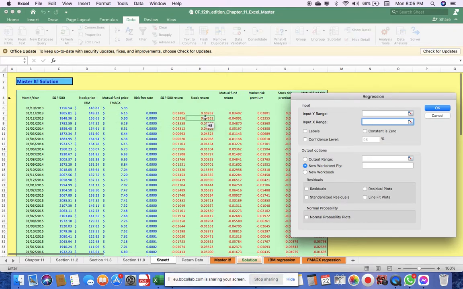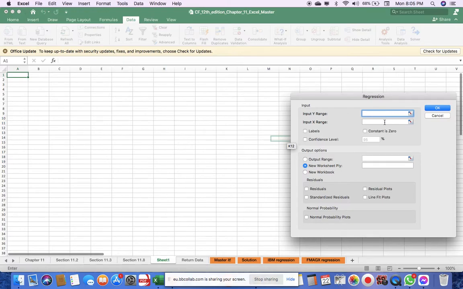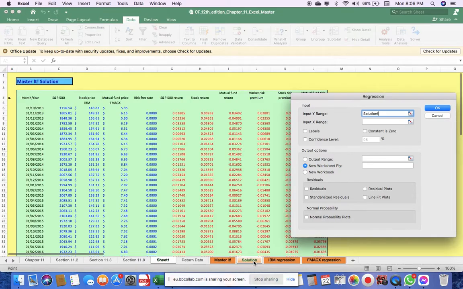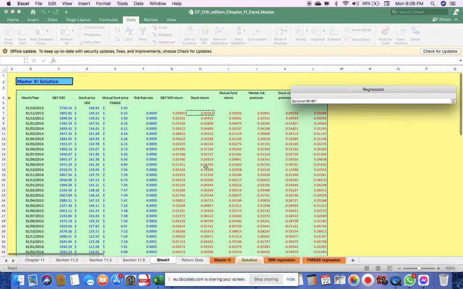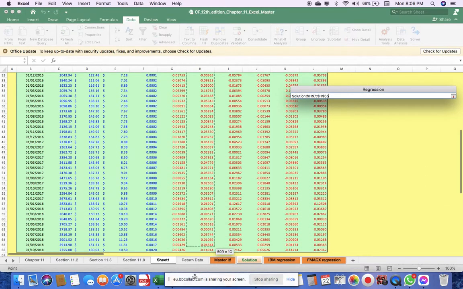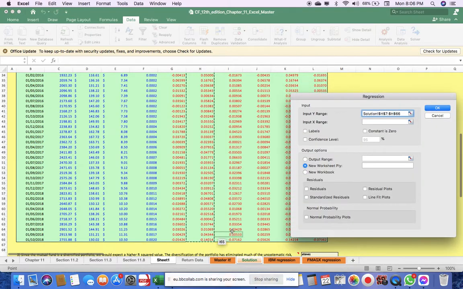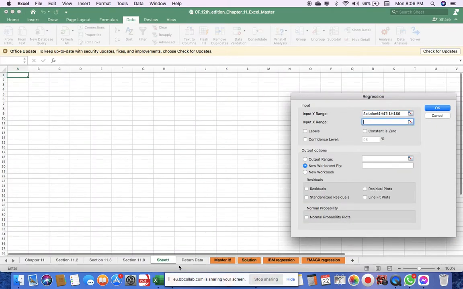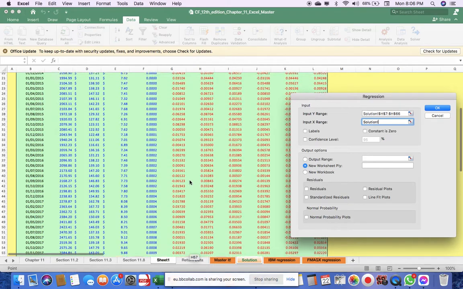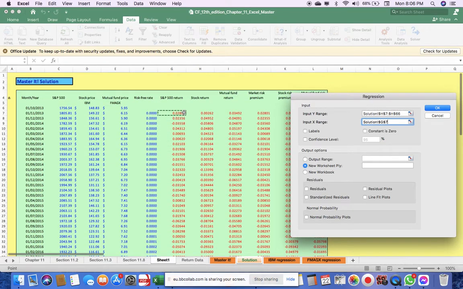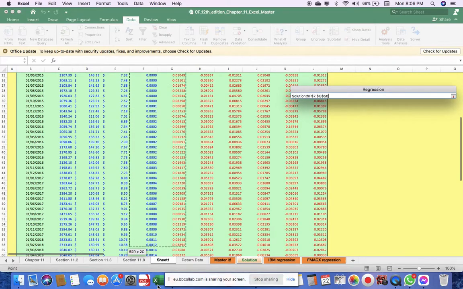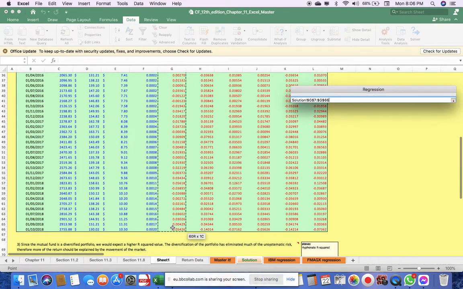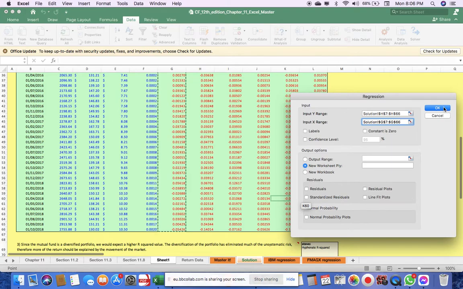So IBM return is given here. In the Y range, always the stock will be in the Y range, and the market will be in the X range. So go to the Y range, select the particular stock return, that is IBM return, select the data range, and in the X range, I will select the market return. This is S&P return. And OK.